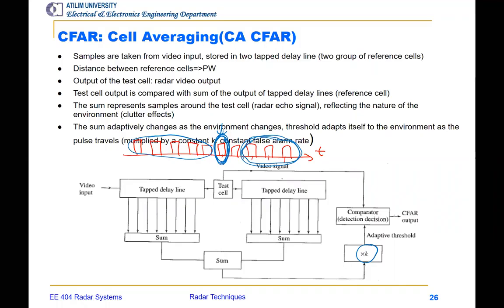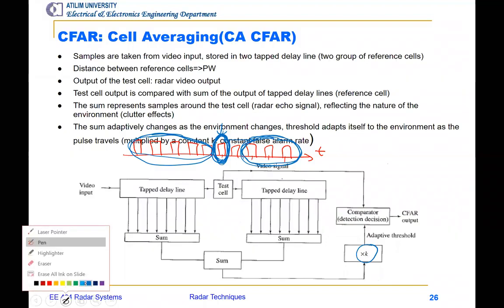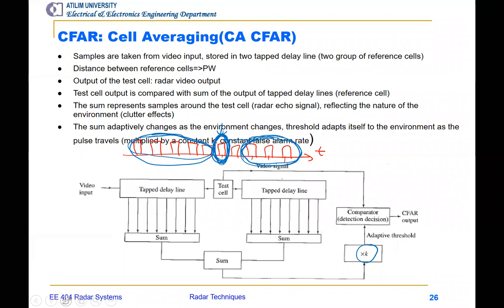So if the power of these pulses increases, then I can increase the threshold. So the decision here will be highly dependent on the power of these pulses as well as the power of these pulses, which means that in space, now let's draw the space equivalent of this. Let's say this is the space, and here is my object, and here is clutter.